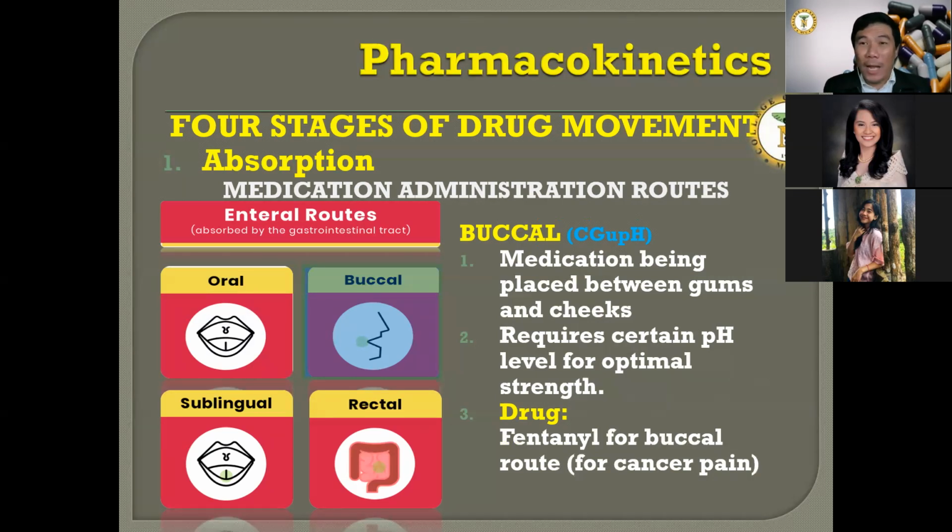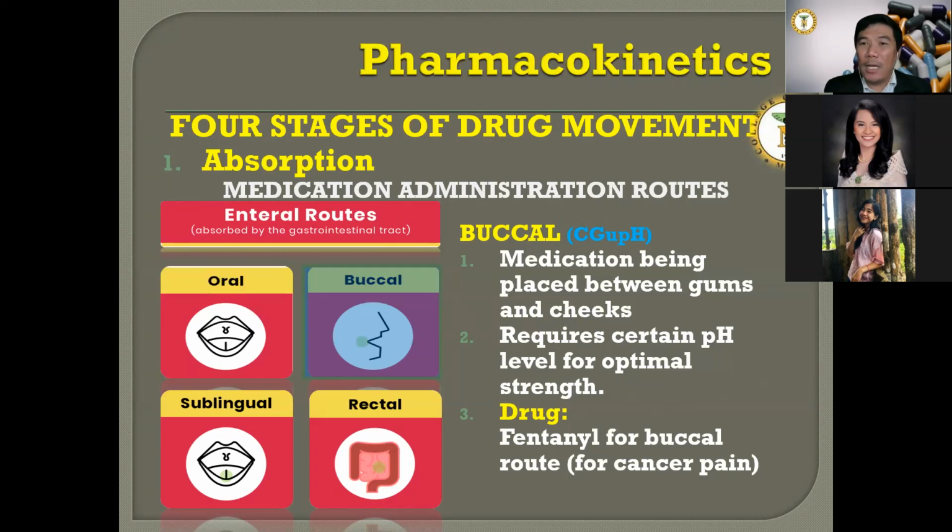So we have oral, 2 Cas-Gip. For buccal, we have C-Gup, which is CG, administered between the cheeks and the gums. pH, it will require high level or optimal strength of pH. The most common drug being given by a buccal is, for example, fentanyl.